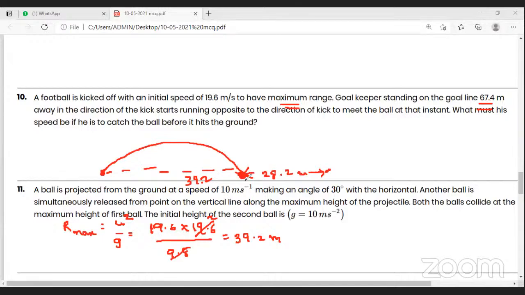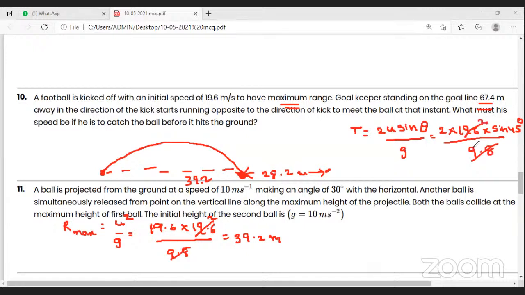Okay, so what time should he take? The same time for which the ball was in the air. Now, what about the time taken for the whole motion? That is the time of flight. What is the formula for time of flight? 2u sin theta by g. 2 into 19.6, sin theta, since it was thrown so that the range is maximum, the angle of projection is 45 degrees, by g is 9.8.